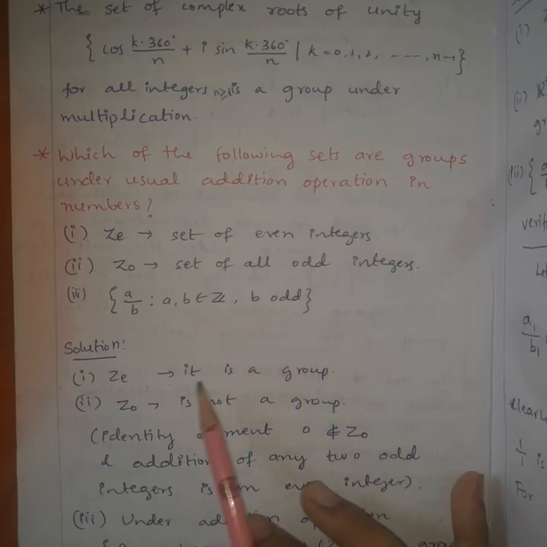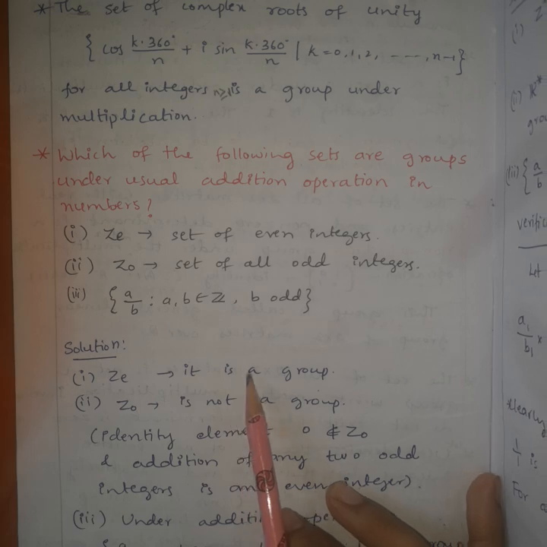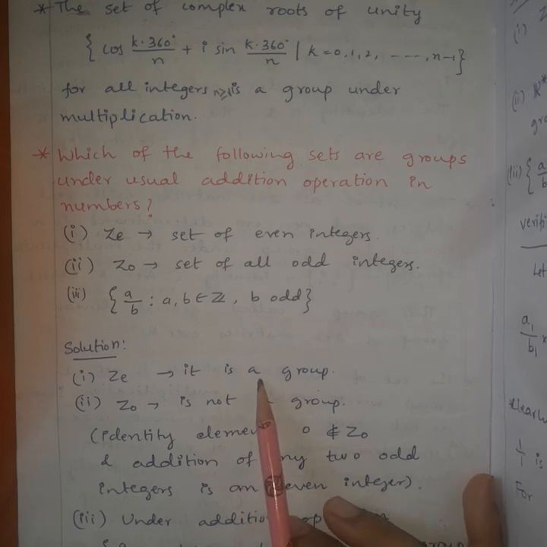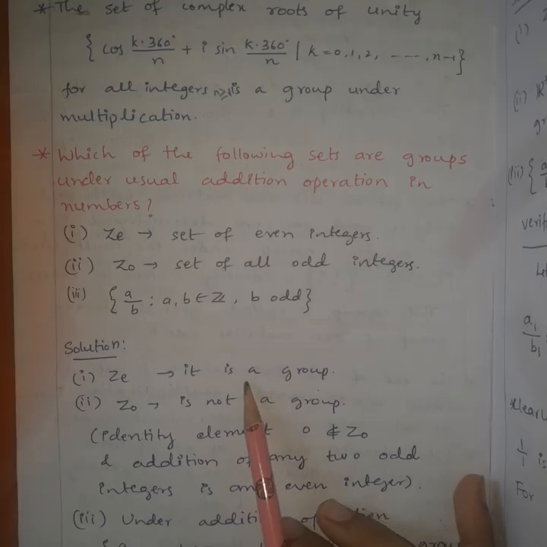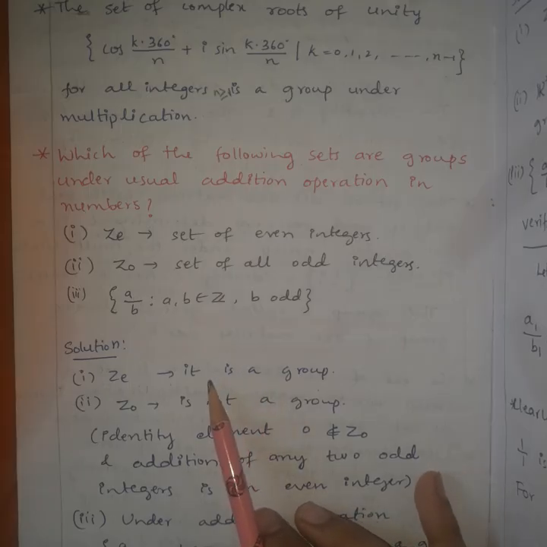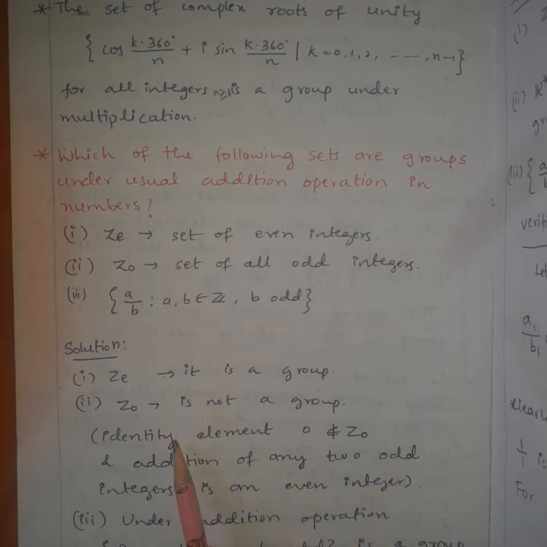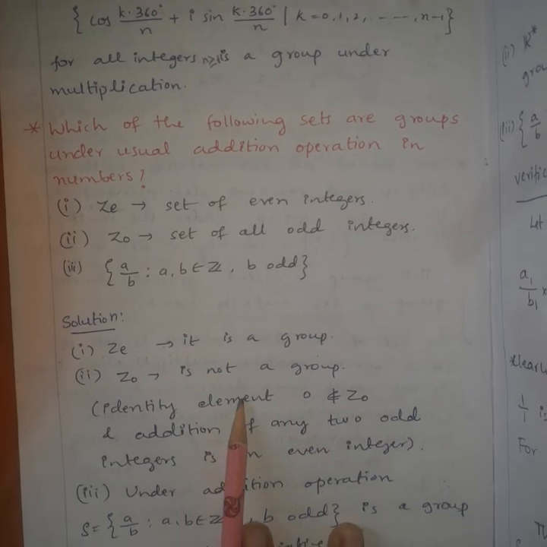Let us check. Set of all even integers, clearly it is a group under addition because the addition of any two even numbers is an even number. Also the addition operation is associative. Further, the element 0 belongs to the set of even integers, so the identity element exists, and minus a, the inverse element, also exists.